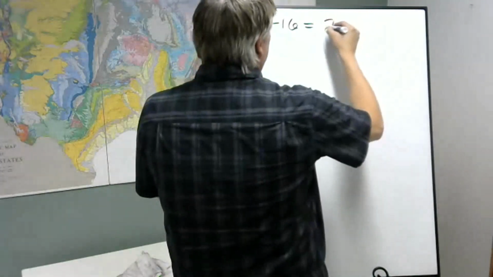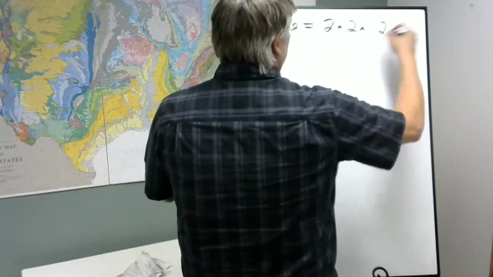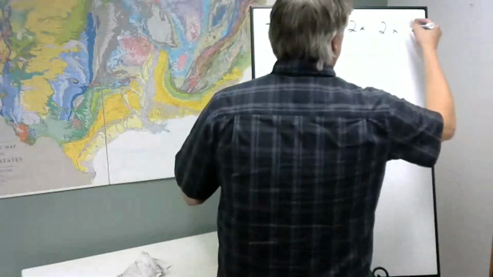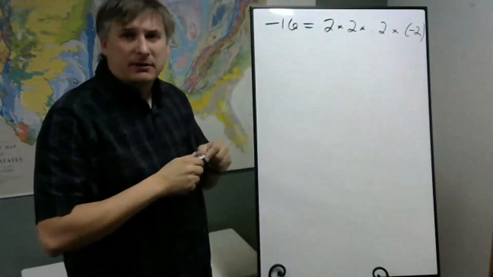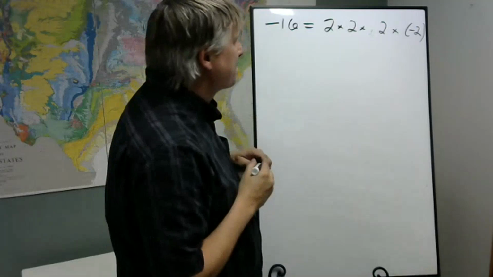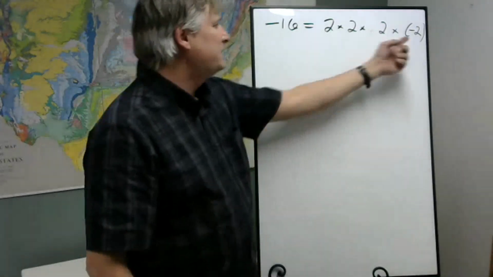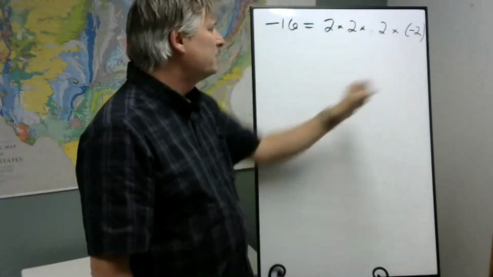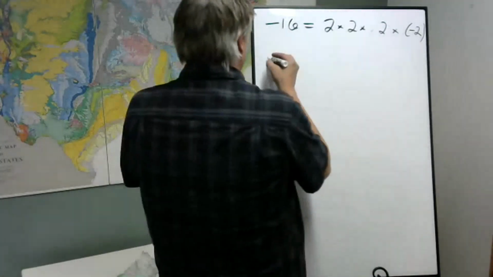Well, we could do 2 times 2 times 2 times 2. Oh, wait, no, we got to make one of these negative. Not going to work. So we got to do something like that. But then, we don't really have a root anymore, because we need a negative times a positive to get a negative still. These will multiply to a positive, but that's going to be a negative. Well, we could do it like this.